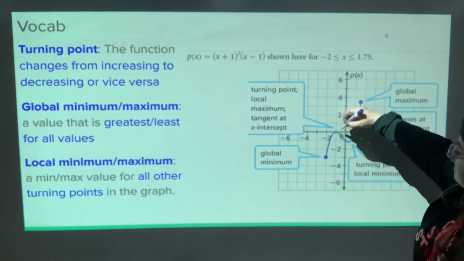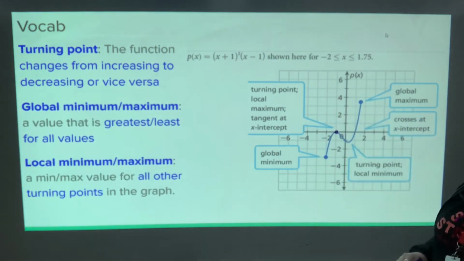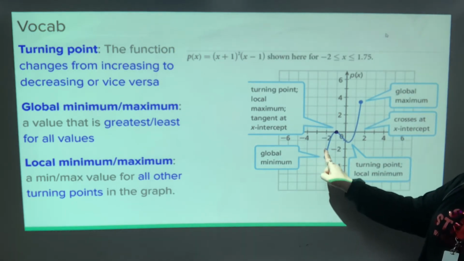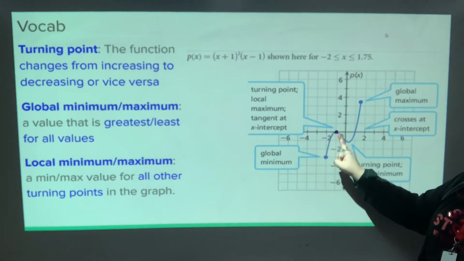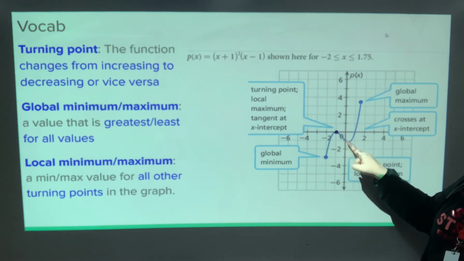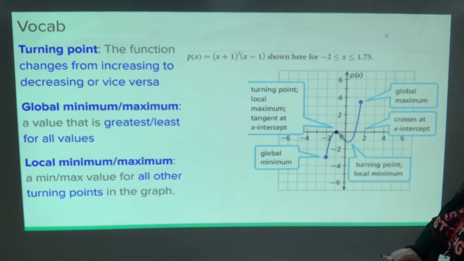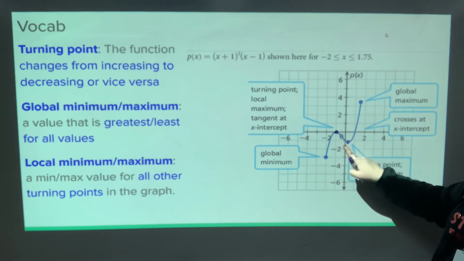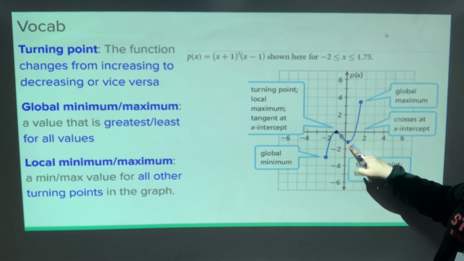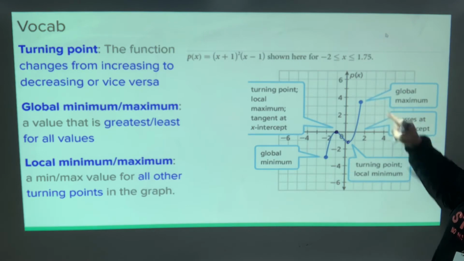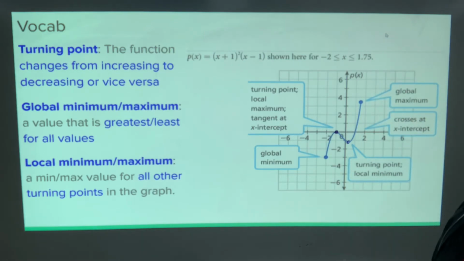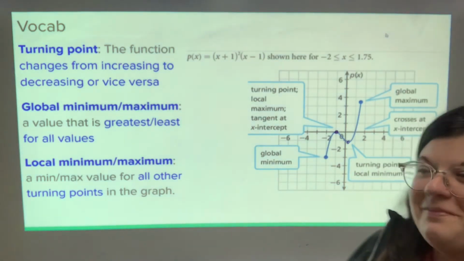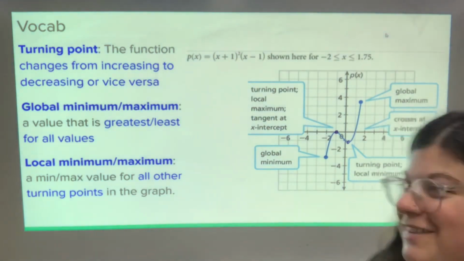One of them is going to be right here because we're increasing, I hit that turning point, now I'm decreasing for a little bit. I hit another turning point, okay, I was decreasing, that turning point hits, now I am continuing to increase, right? That's basically what turning points are, is you're literally turning.